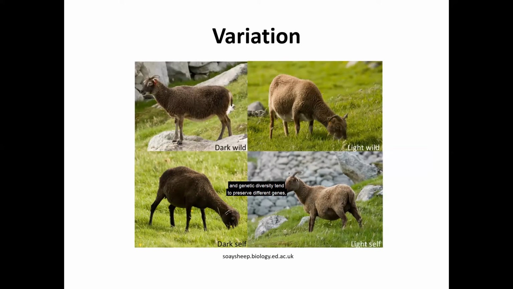Again, the forces of natural selection and genetic diversity tend to preserve different genes that are responsible for different traits, in this case color, so that the population has the ability to adapt to change. Now, there's not necessarily a documented fitness advantage to one color of Soay sheep versus another.